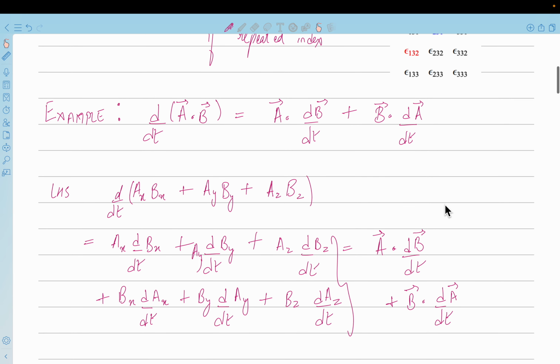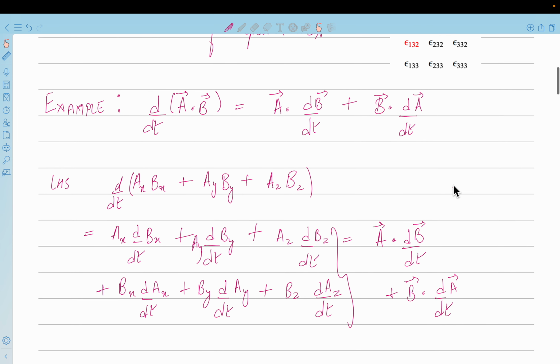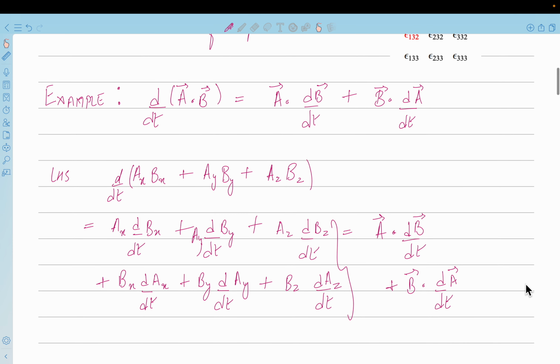So this is quite simple to prove. Is there any doubt in this derivation? Yeah? No? Okay. Now you see, if you had to write this proof in some exam, it's quite long.